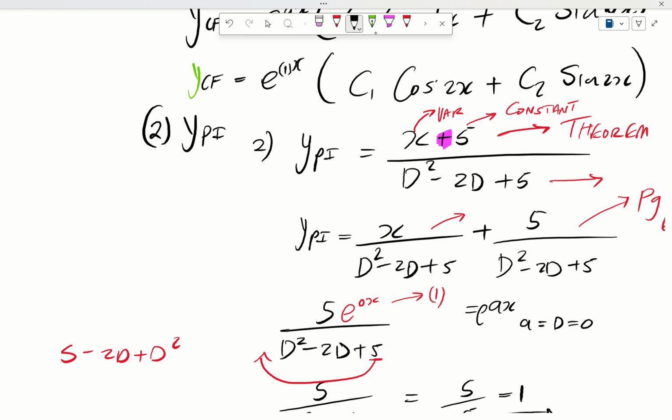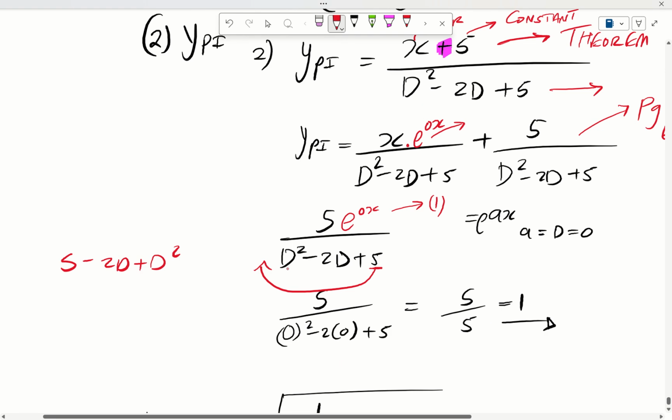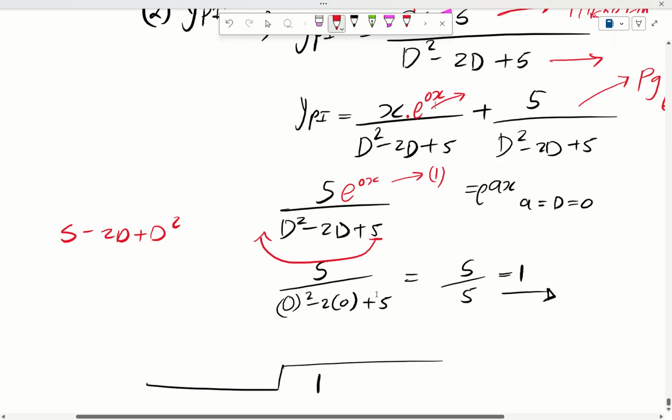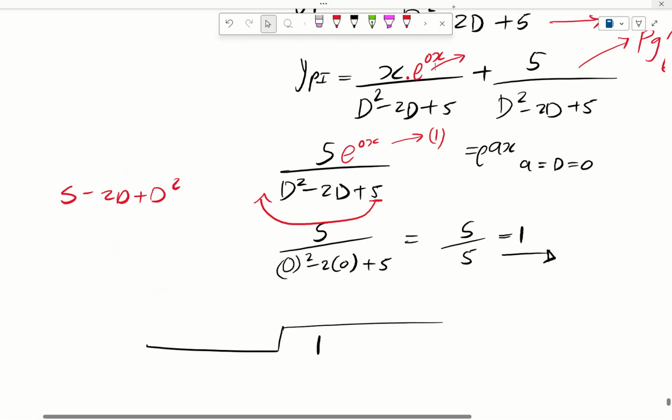They just put times d to the power 0, because we do not recognize this x. We want to use d. Everything must be in the form of d.